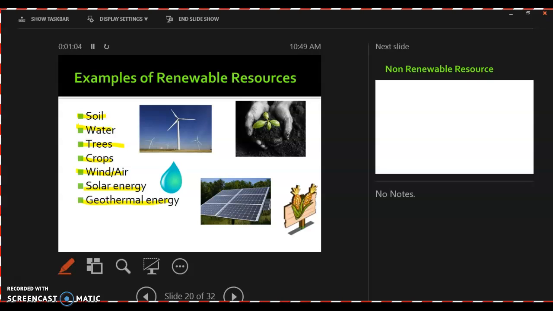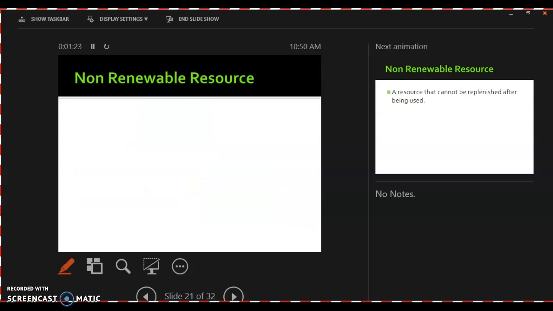Water, the water cycle. Trees, we can plant new trees. Crops, we plant crops every year. Wind is not something that just kind of goes away. Air is the same thing. Solar energy, we have solar panels out now, and so that gives us energy. We found a way to use that energy instead of burning fossil fuels.